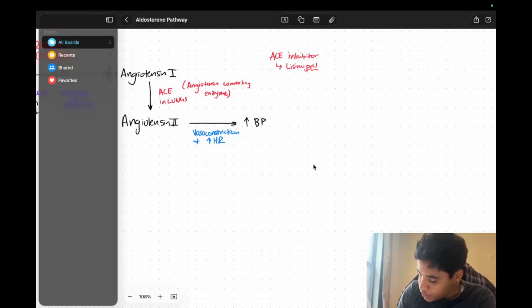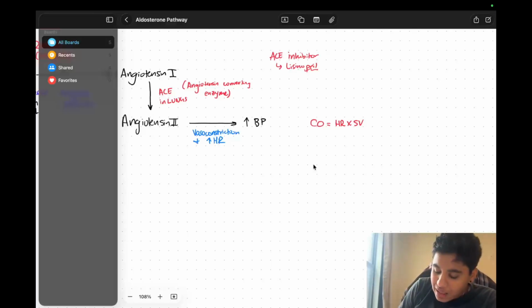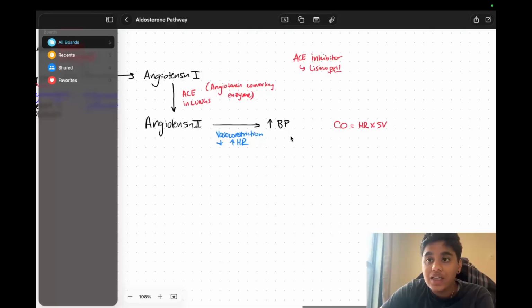But the cardiac output. So this is how much blood is pumped. The cardiac output is going to be equal to HR times stroke volume. Now, stroke volume stays the same. So this is the amount of blood per heart stroke. But heart rate increases, right? So if the heart rate increases, then your cardiac output increases as well. Now, if the cardiac output increases, the total volume of the blood increases. And on top of that, the vessels themselves constrict.